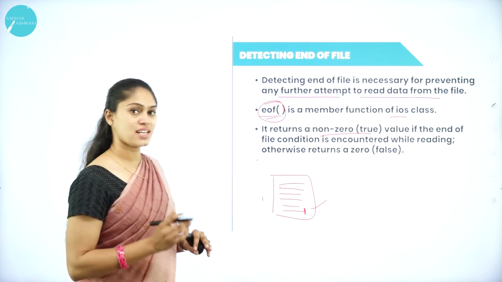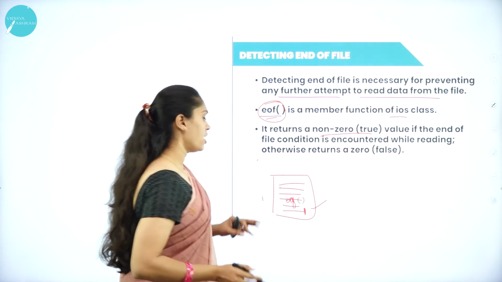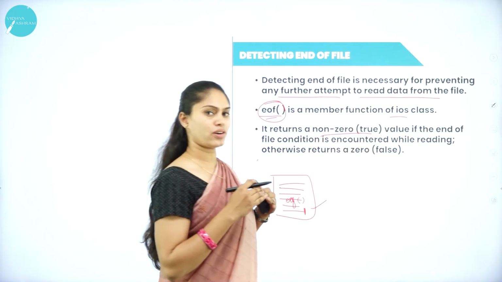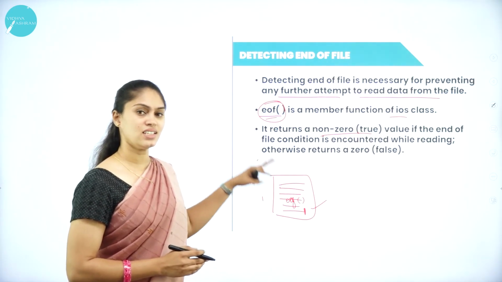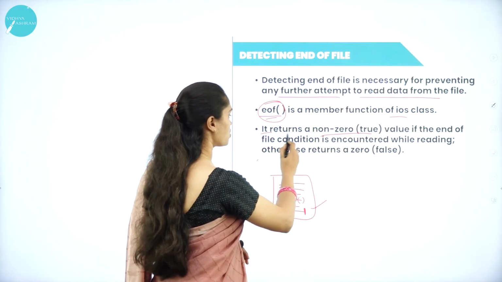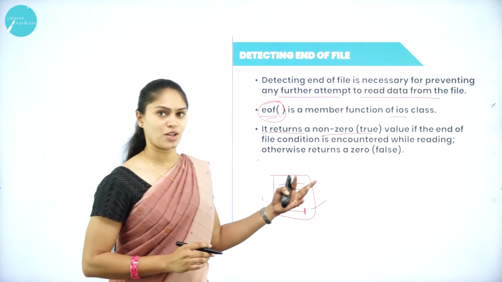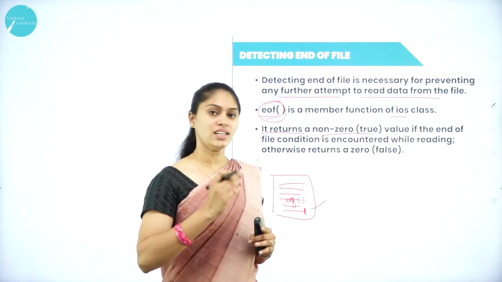I am going to use this EOF member function somewhere in the program, in the functions or somewhere in the file. This member function returns a non-zero value. Non-zero in the sense what? True. Anything other than 0 is nothing but true.